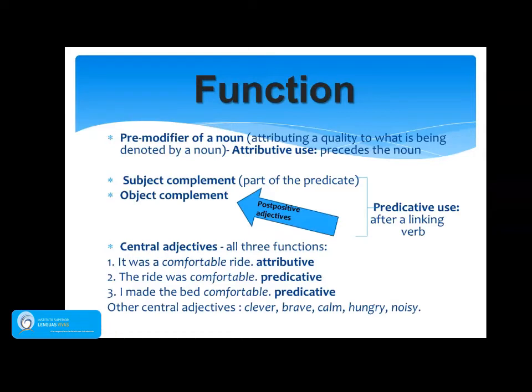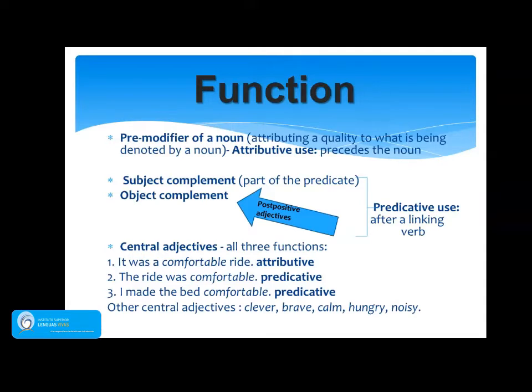Predicative adjectives come after a linking verb such as be or become. We have some examples here. It was a comfortable ride, where comfortable precedes ride, so it is an attributive adjective. The ride was comfortable, where we find comfortable after the linking verb was, so we say that they are predicative.